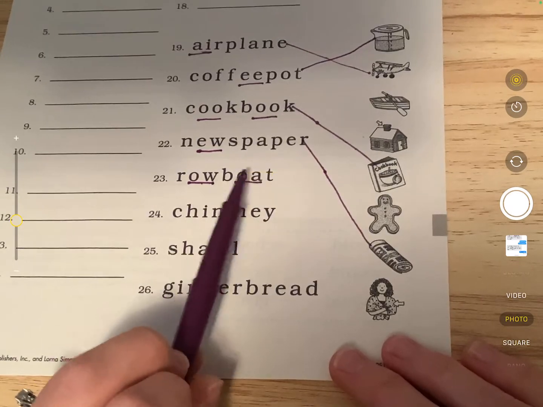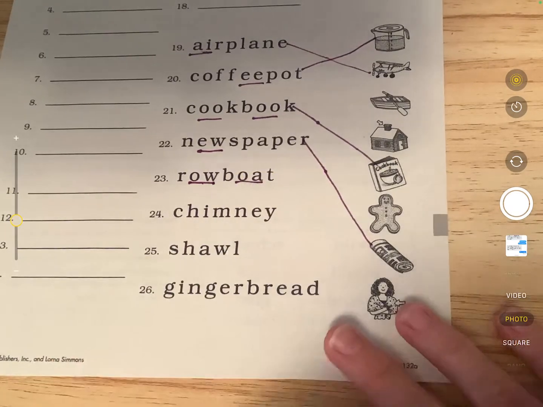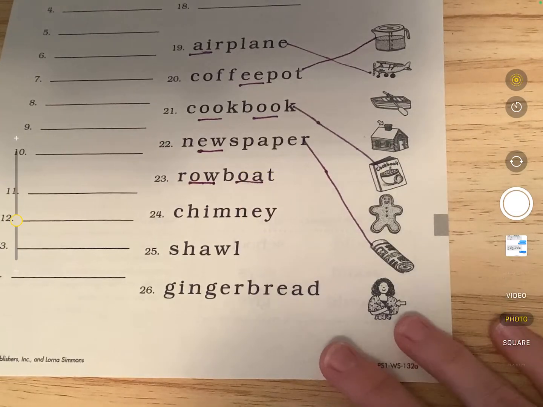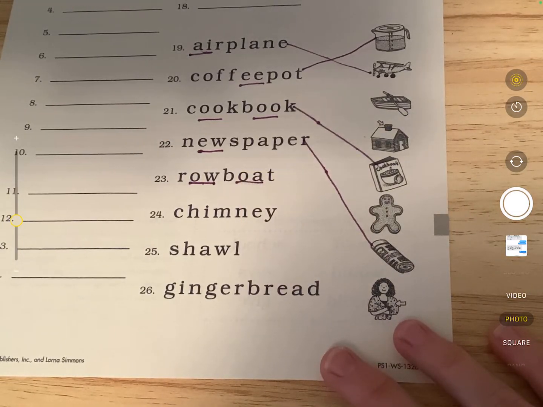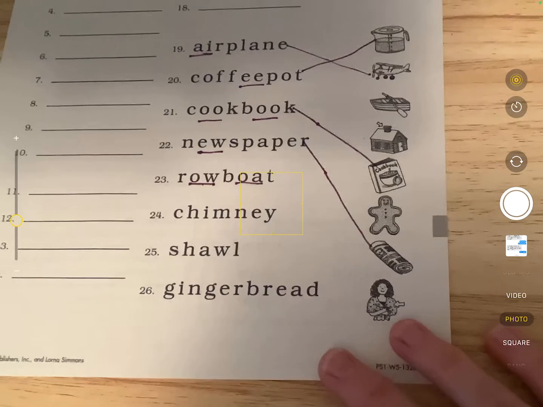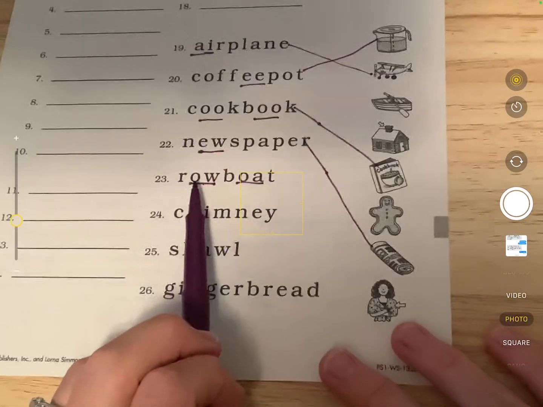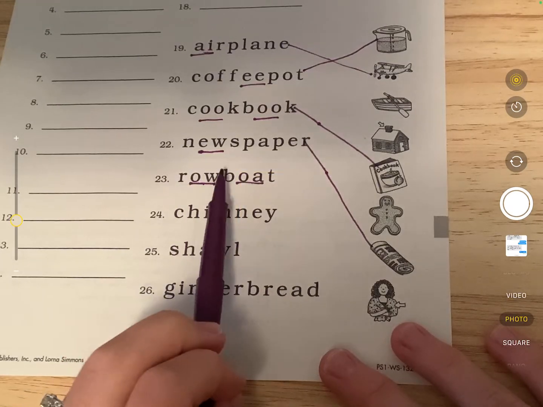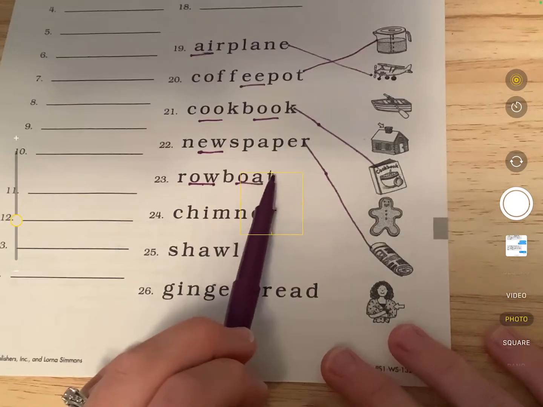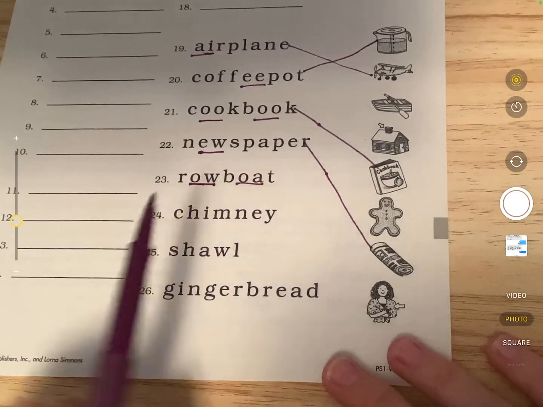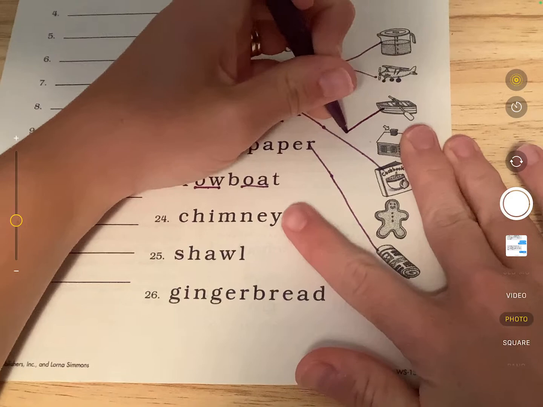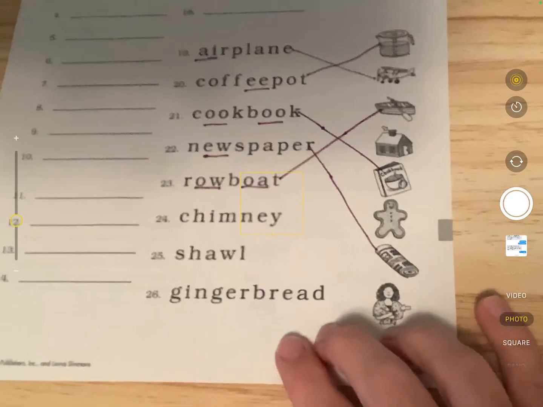Tell me what they both say. They actually both make the same sound. They both say long O. Row, boat. Good. The word is rowboat. Connect it up here. Good job, Preston.